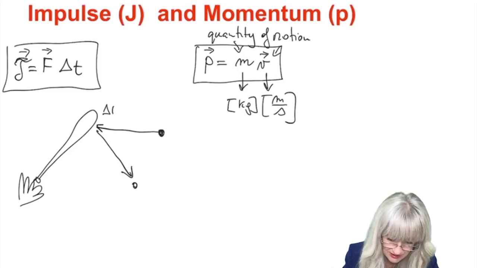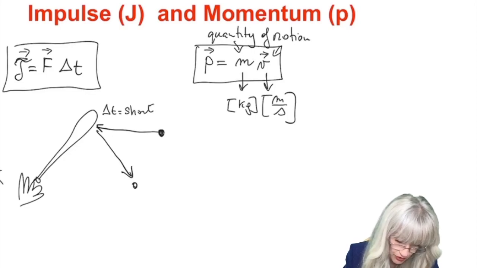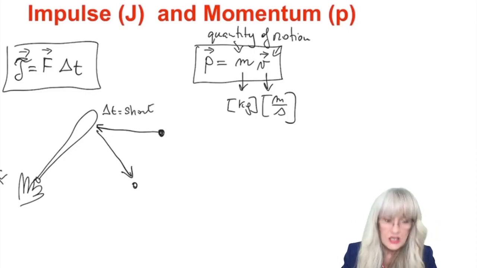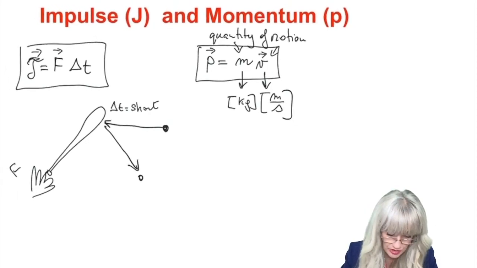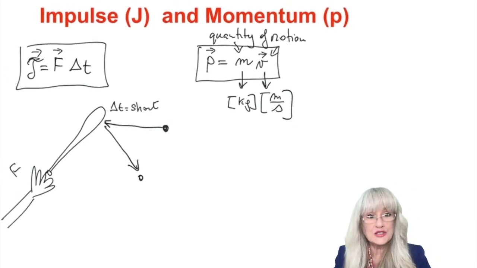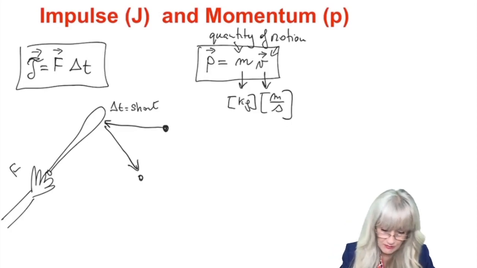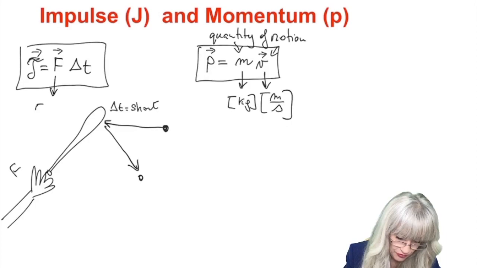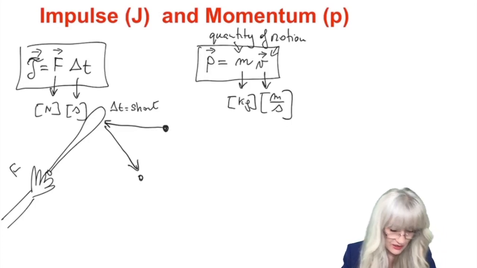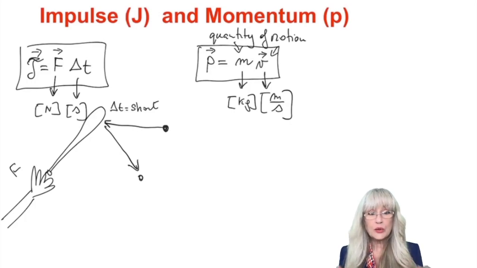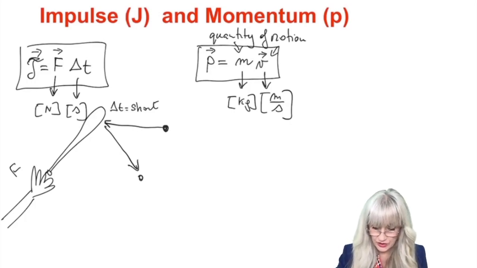So this delta t has to be very short, and the force that you have to give to the object with your arm has to be also very strong. So how do you measure impulse? The force is in newtons and the time is in seconds. Remember, they are both vectors.